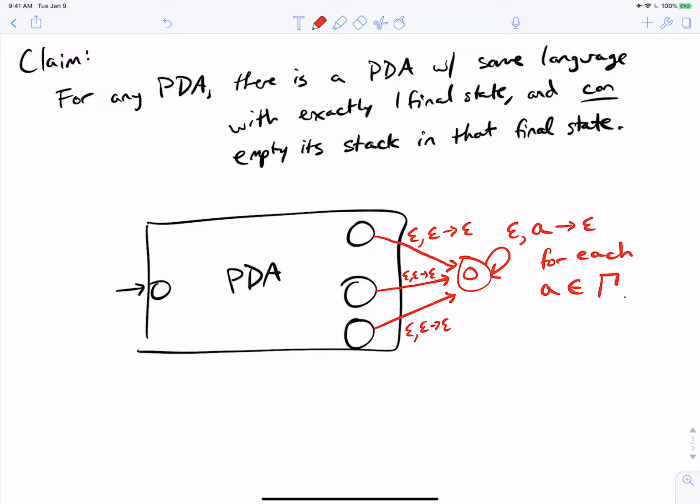For each possible thing on the stack, I have a transition where you don't read anything, so you don't have to take it. But if you do, you can pop the things off the stack if you want to. So this allows us to actually empty the stack. This will be very important, which we'll address on Monday. So I'll see you then.